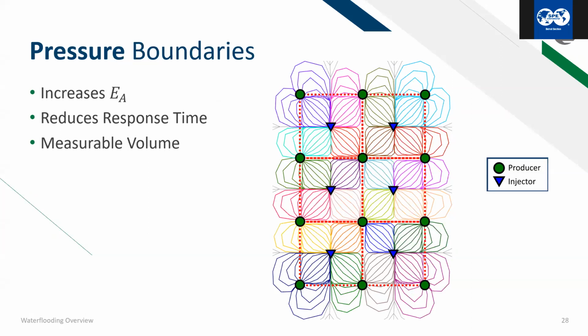So the reason that geometric patterns improve your aerial sweep efficiency is that you are able to control flow with them. The more injectors that you have, the more your patterns are spread across a field, the more you're able to control the flow. So if you have an injector that is surrounded by other producers and injectors, then the area that injector is sweeping is controlled to just basically the geometric pattern that's been drawn for it.